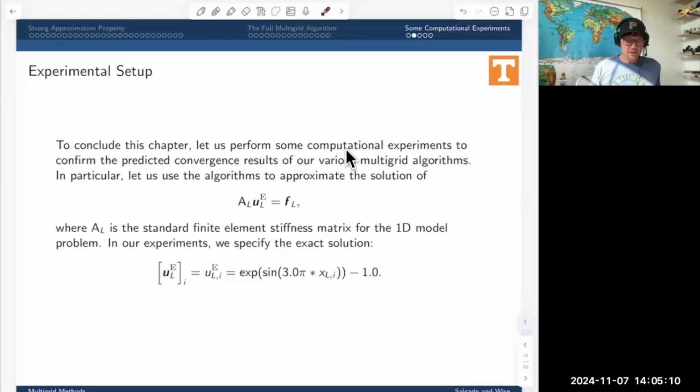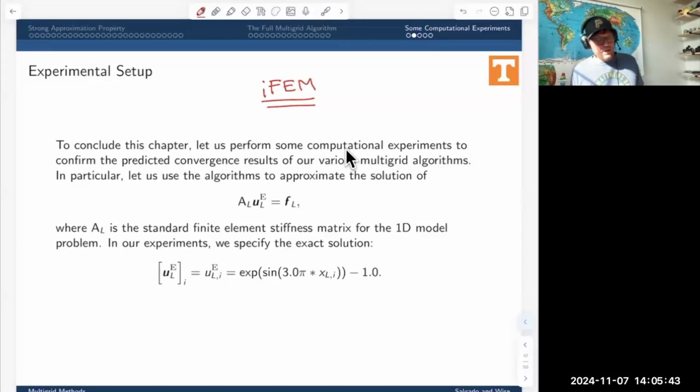The reason why I'm using 1D here is because I can use uniform mesh, and then the stiffness matrices are very easy to compute. I don't have to use any complicated data structures. Later on in the course, and this may be into the next semester before we get to it, we'll show you some computational experiments using a finite element software package called IFEM, by my good friend Long Chen.